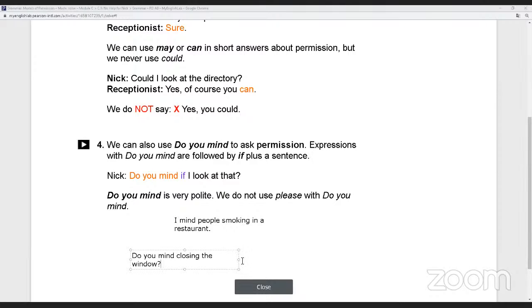Do you mind closing the window? Okay. So when you want to ask someone to do something for you, in this case do you mind means, do you have any problem? The closest meaning for this is, do you have any problem, or maybe does it bother you to close the window?